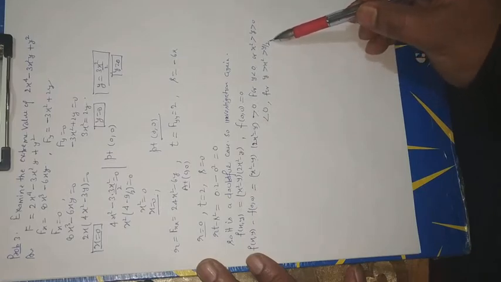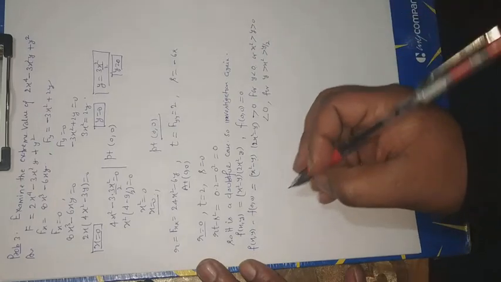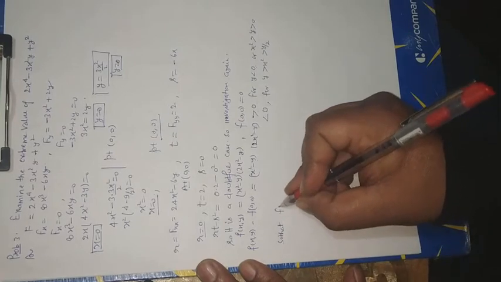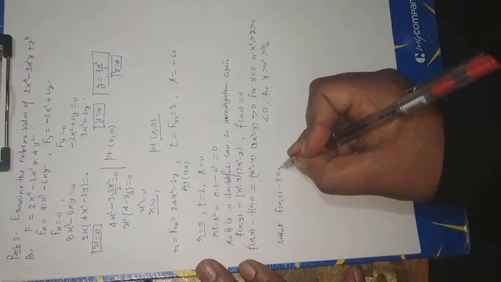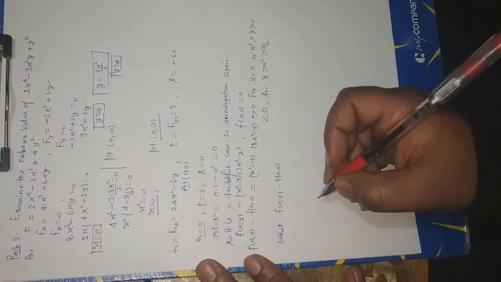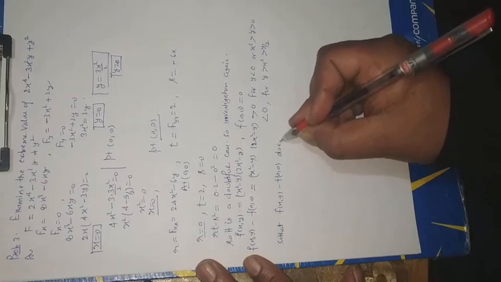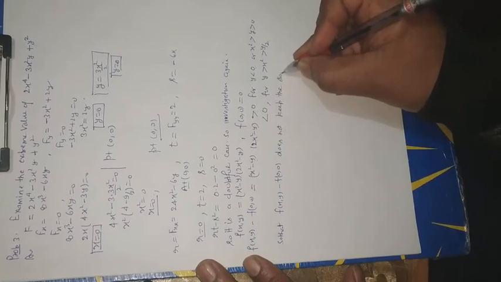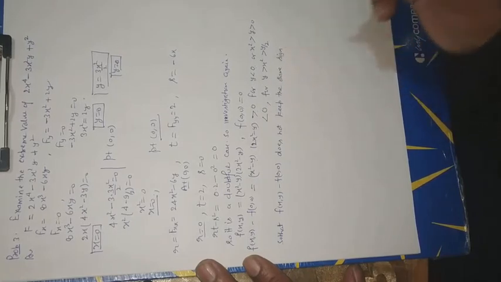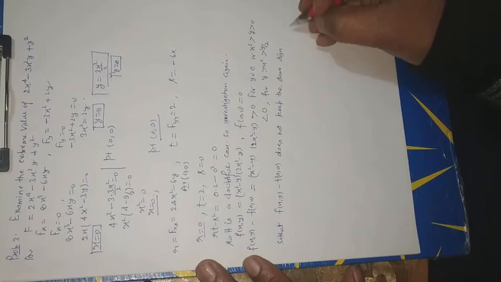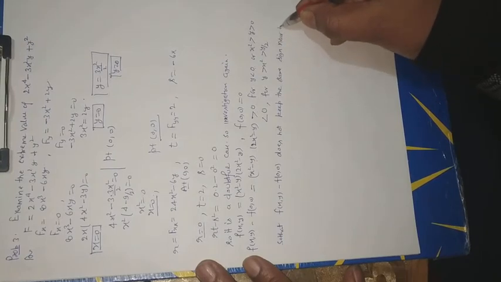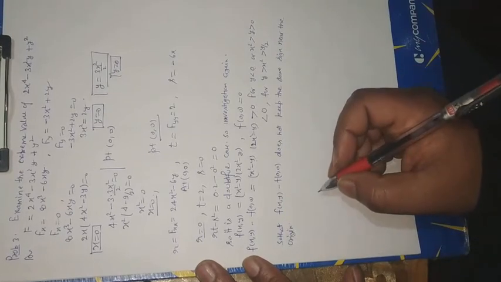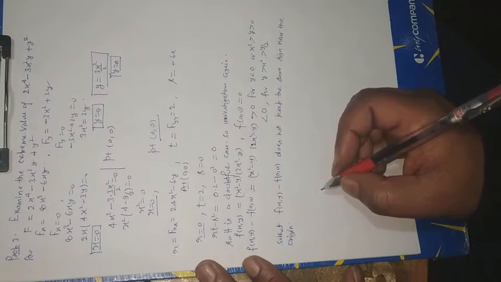So f(x, y) minus f(0, 0) does not keep the same sign near the origin. Therefore, f has neither a maximum nor a minimum value.